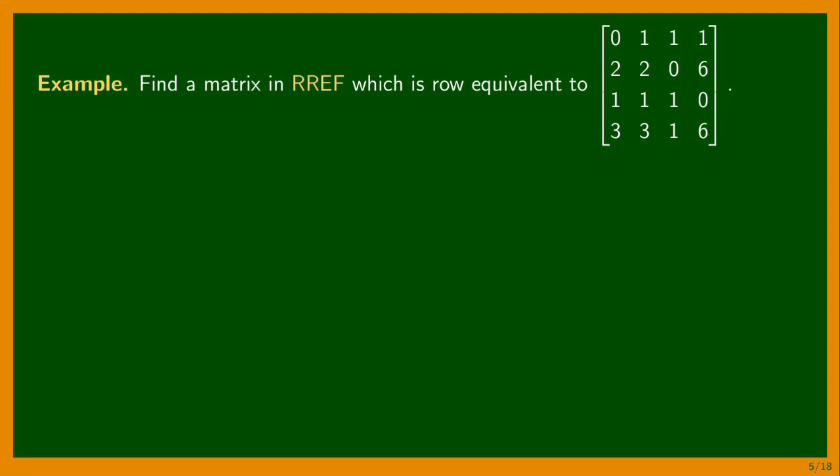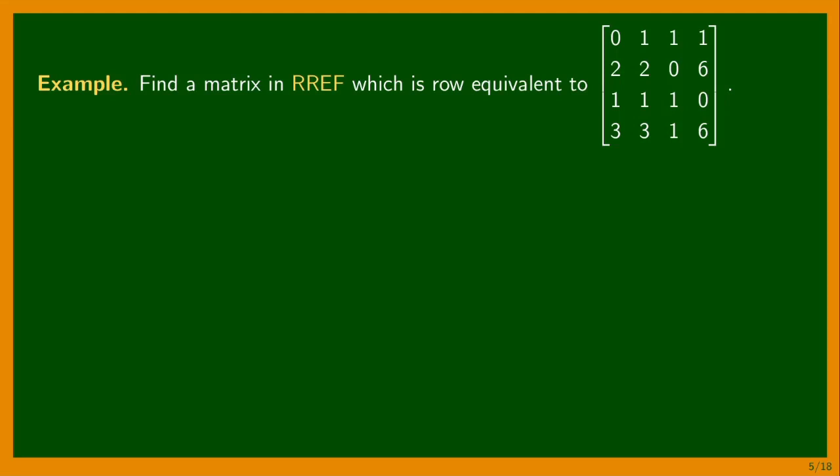Last but not the least is that for every column that has a pivot, no other entry, aside from the pivot, is non-zero. So dapat lahat ng entries na nasa column kung saan may pivot, maliban sa pivot, ay 0.